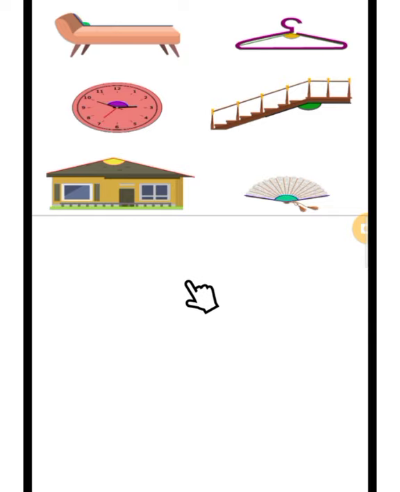Yes, children, look at this. Can you find an angle in the given pictures? See here, an angle is marked in this sofa and this hanger. They marked an angle here in this clock. See these hands, we have seen angles here. It is an arm of an angle.